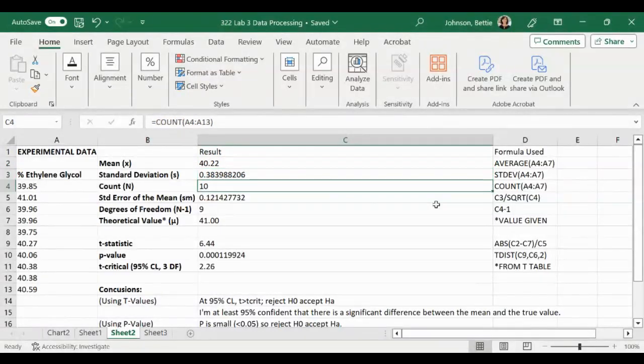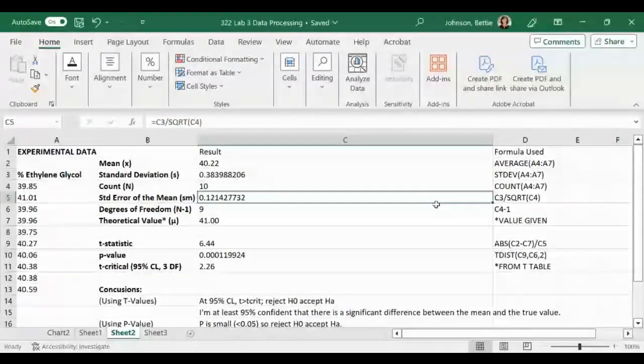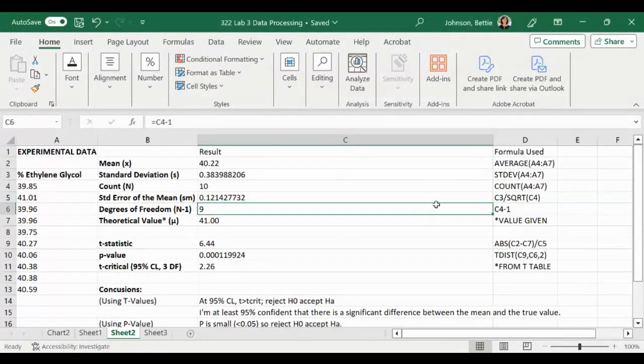We have 10 data points. You can use the count function to get the number of data points in a series. And then we've calculated the standard error of the mean. This is equal to the standard deviation divided by the square root of the number of measurements. The degrees of freedom is equal to the number of measurements minus 1. And then we've just typed in our theoretical value.